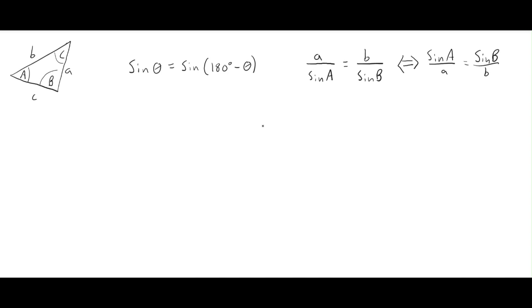Those are the cases where there are two possible triangles. We'll also see some cases where no triangles are possible. Let's go through some specific examples: one case where no triangles are possible, another case where one triangle is possible, and a case where two triangles are possible.